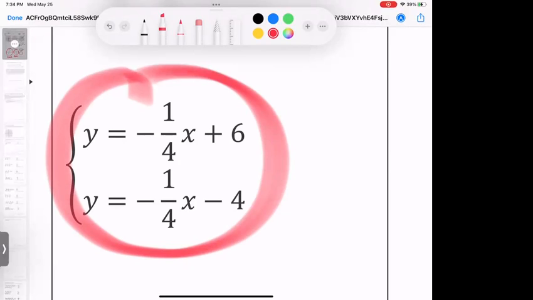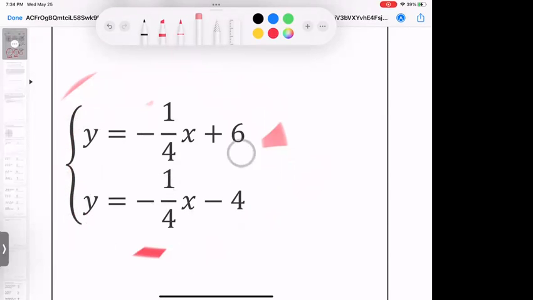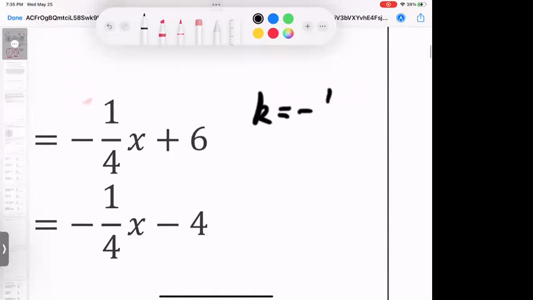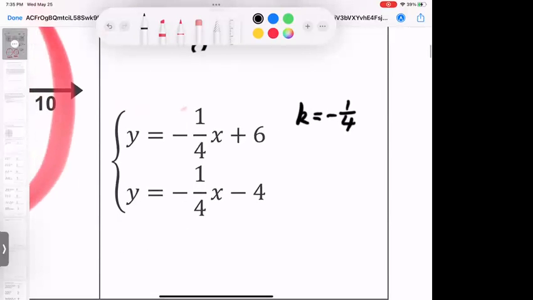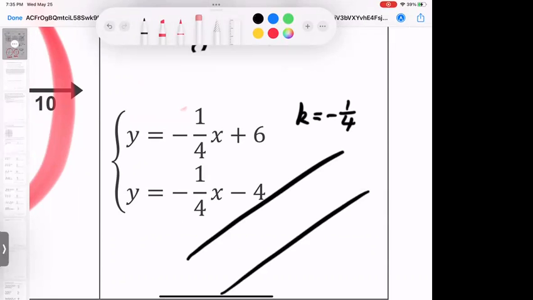Why? Because they are parallel. The slope for these two linear functions is negative 1 over 4, so the slope is the same. They are parallel, so definitely there's no solution, right?